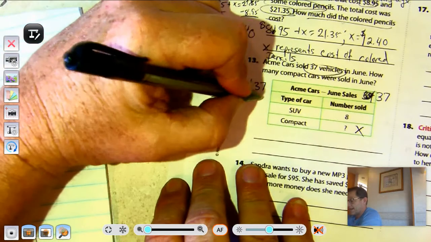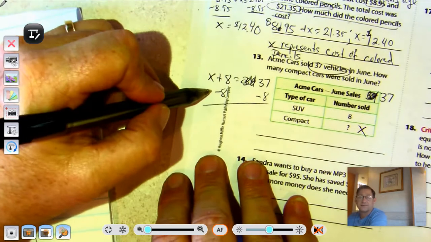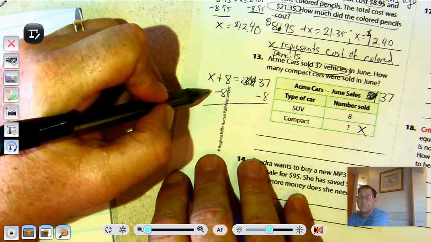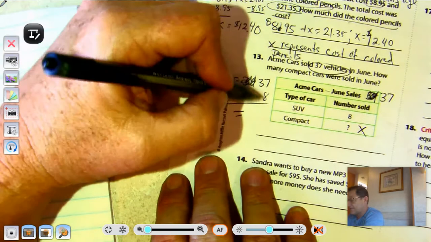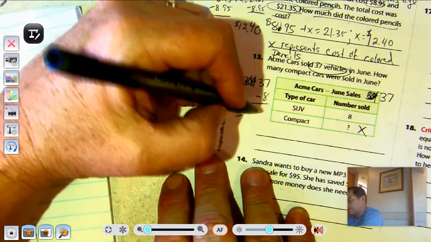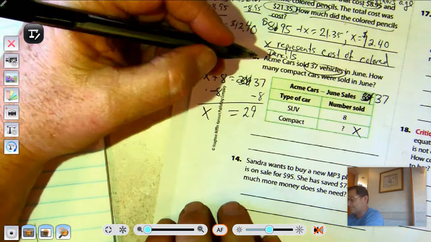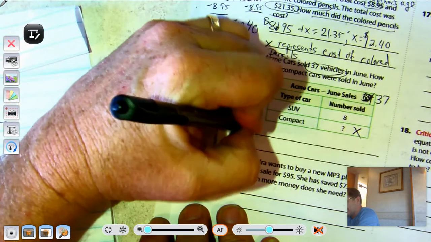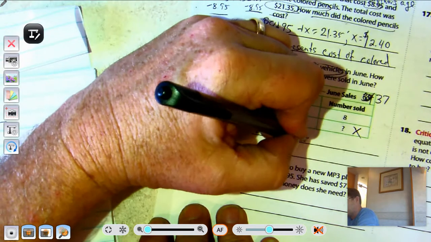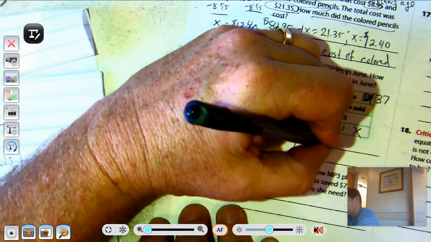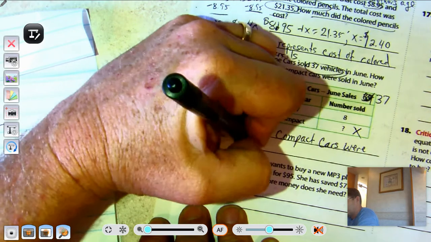So we're going to subtract 8 from both sides because this side that has the x is addition. So subtract 8. That will leave me with x. And 37 take away 8 is 29. So 29 compact cars were sold in June.